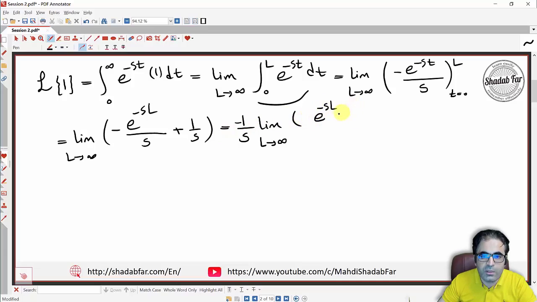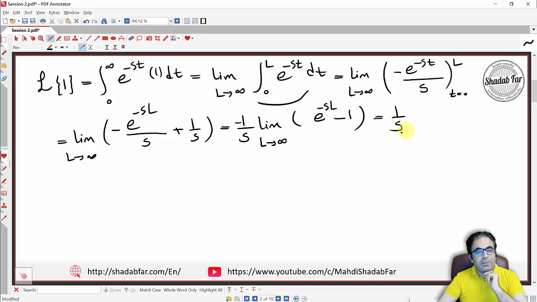So this is going to be exponential of minus sL minus 1. The limit of exponential of minus sL as L approaches infinity is 0. So our answer is going to be 1 over s. This is the Laplace of the function 1.